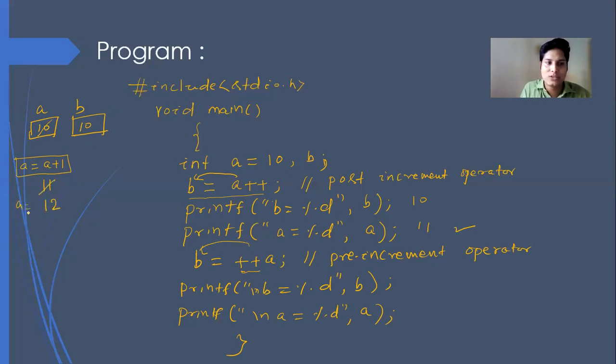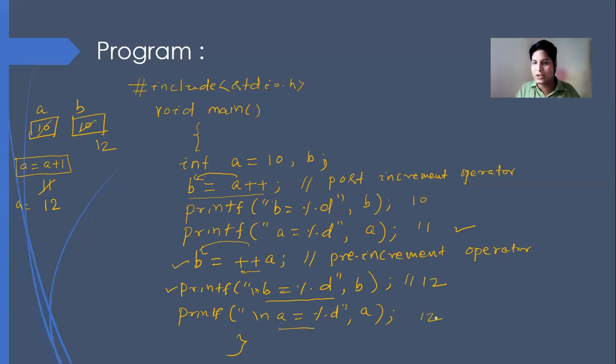So now a is 12, and this value 12 is assigned to b. That means b will be 12. After the execution of this statement, in the next printf function, b = %d will show 12, and a will also show 12.